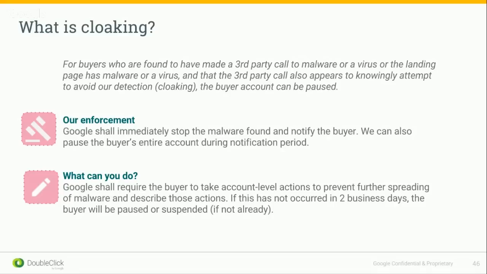We define cloaking for buyers who are found to have made third-party calls to malware or a virus, or the landing page has a malware or virus, and that third-party call also appears to knowingly attempt to avoid our detection, also known as cloaking. The buyer account can be paused. So what we're doing when we detect this, Google shall immediately stop the malware found and notify you as the buyer. And just to note that we can also pause the entire account during this notification period.